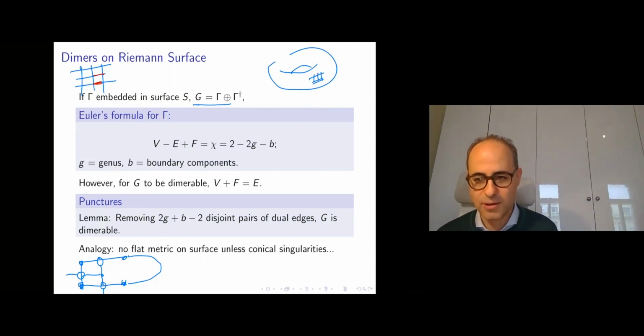So you favor configurations in which two dimers are parallel to one another if they're neighbors. So this is a way of adding interaction to the model, basically.